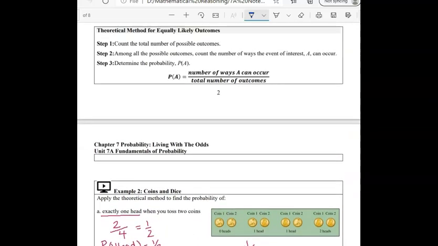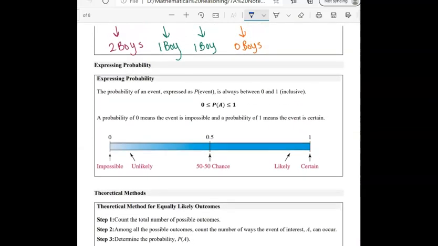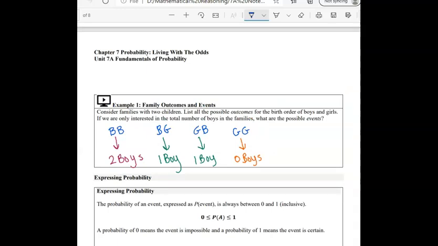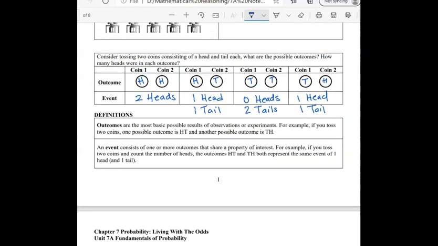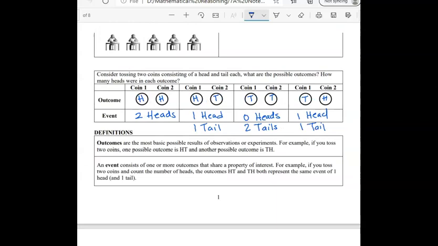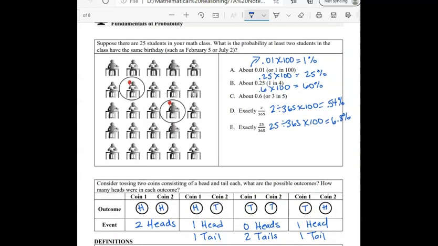I'm curious as to what you think now. We look at this very first problem, this birthday problem. It says, suppose there are 25 students in your math class. What is the probability at least 2 students in the class have the exact same birthday as you? It seems crazy, right?